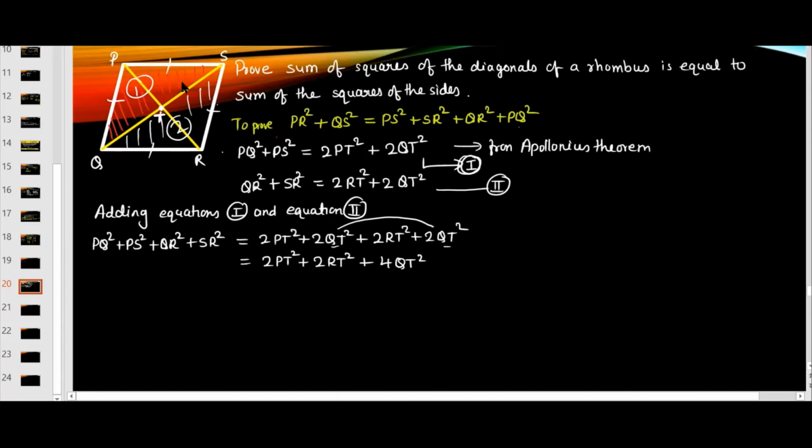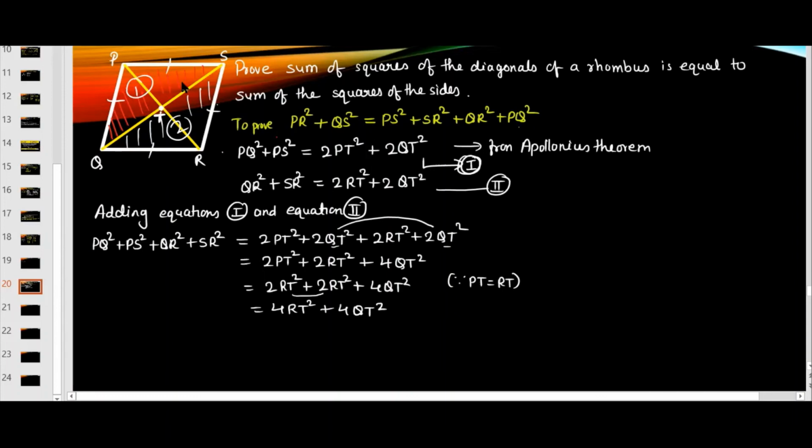We also know from the diagram that PT and RT are the same. Since PT is equal to RT, in place of PT I will write RT. So 2RT square plus 2RT square gives you 4RT square, plus 4QT square.